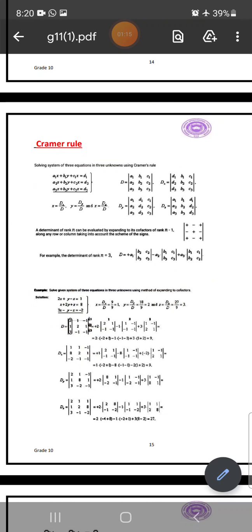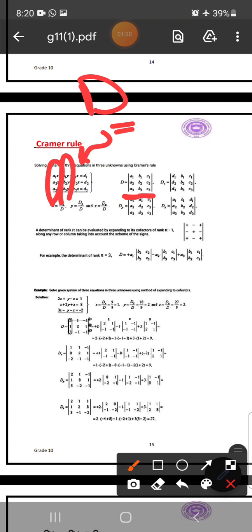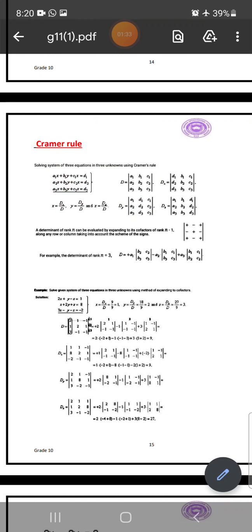Okay, let's see. If you want to get d alone, what should you do? You will take the coefficients of x here, then the coefficients of y here, then the coefficients of z here. So let's see a question.